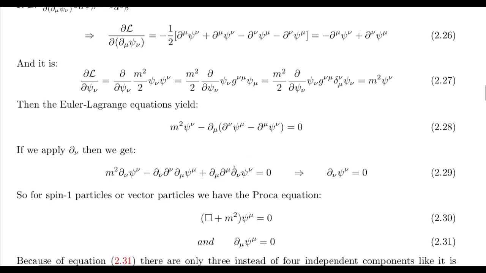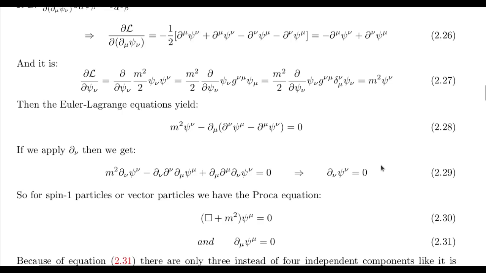So we write the d mu directly in front of the psi. And here we see that we have a scalar product and here a scalar product. And that is the same as here and here. So this term and this term are identical. And then we divide by m squared. And so we get d mu psi mu is equal to 0.